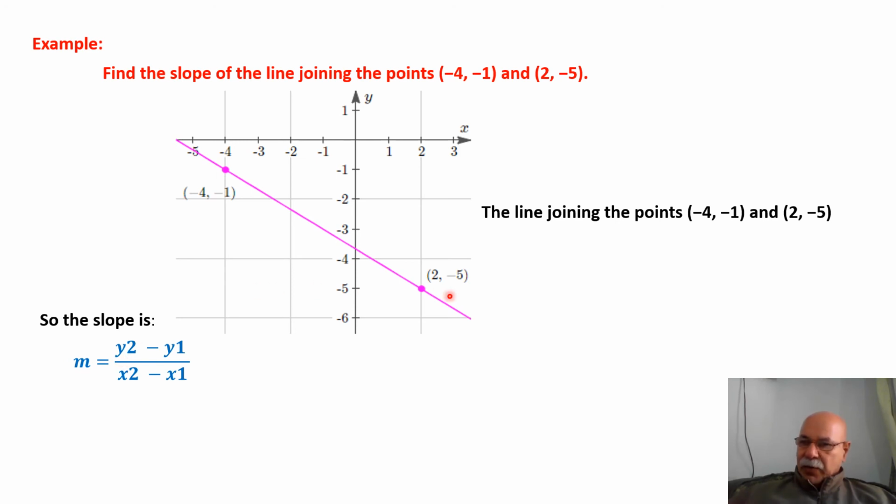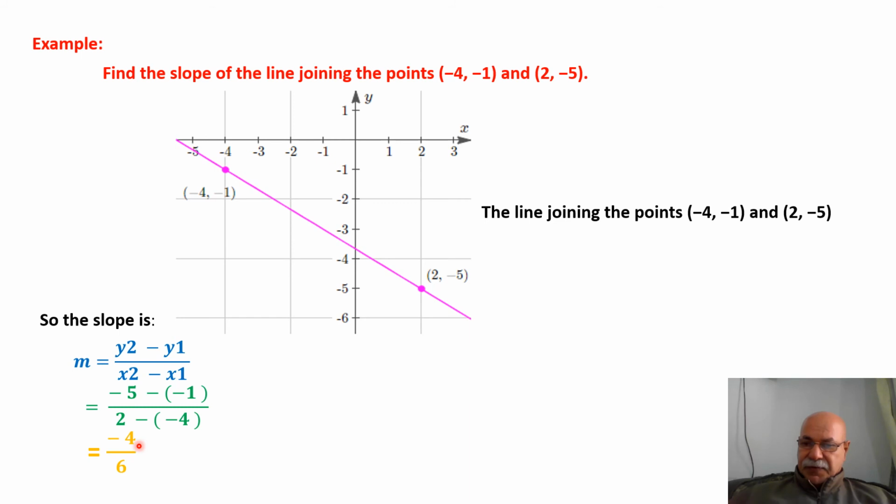Here y2 is -5, minus y1, which is -1, over x2, which is 2, minus x1, which is -4. I simplify: -5 minus -1 is -4, and 2 minus -4 is 6, because minus with minus is plus.